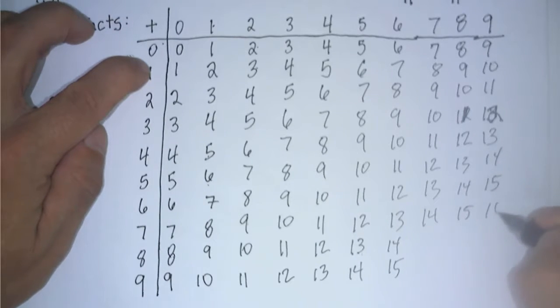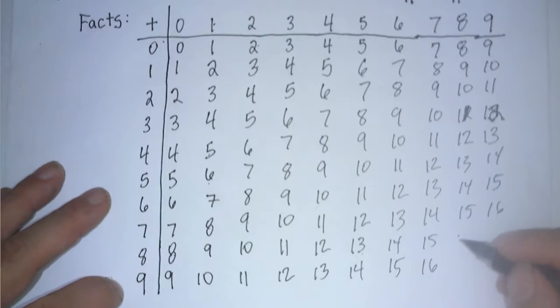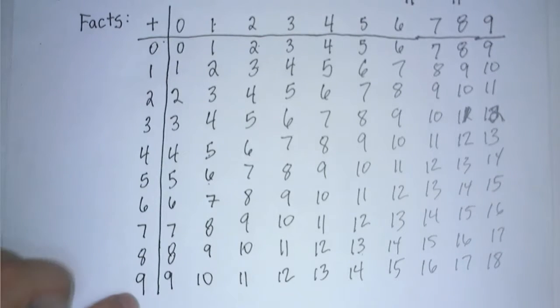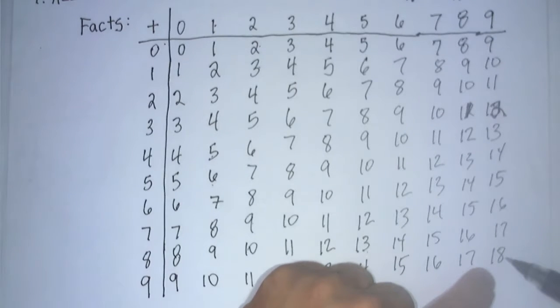I'm just counting down and to the right until we fill the whole chart. And we're only going to 9. There's no need to go past 9. Okay, so the last one here, 9 plus 9 is 18.